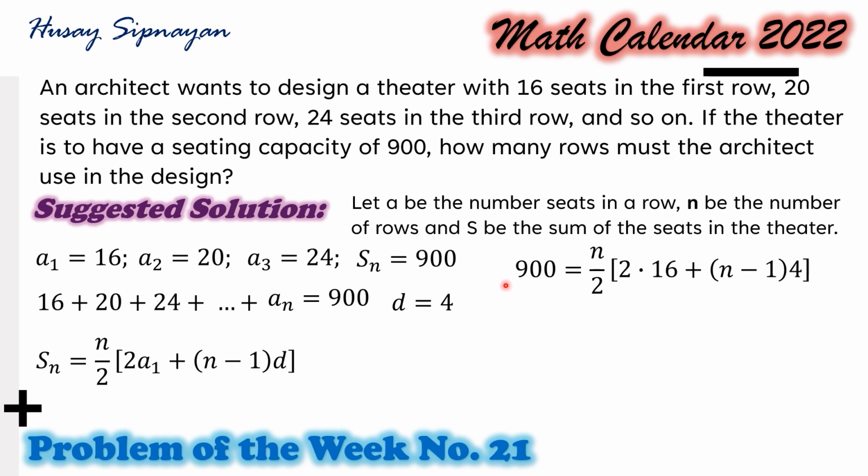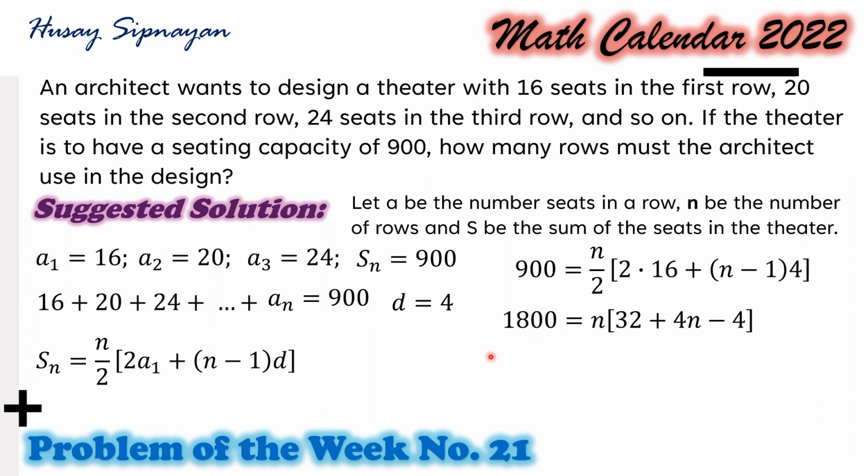Let us multiply both sides of this equation by 2. We can have 1,800 is equal to n times, inside the parenthesis, we have 2 times 16, that is 32. And by distributive property, we have 4 times n, 4n, and 4 times negative 1, that is negative 4. Still, we can use the distributive property of multiplication.